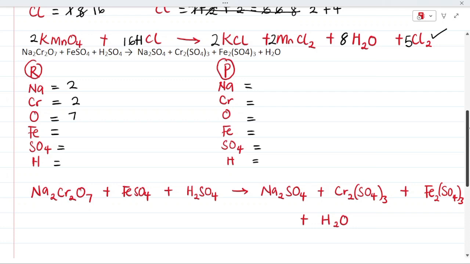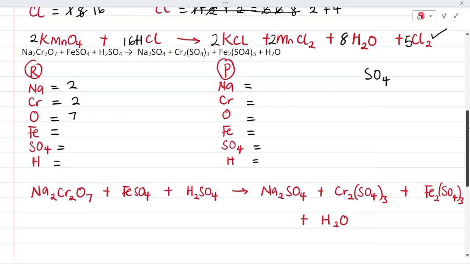And what do we mean by polyatomic atoms? They are atoms which appear the same on both the reactant side and the product side. An example now, you can see we have SO4, that's sulfate. It appears as SO4 on the reactant side, appears as SO4 on the product side. So we take it as a polyatomic atom. That's why we are counting it as SO4, separate from oxygen.